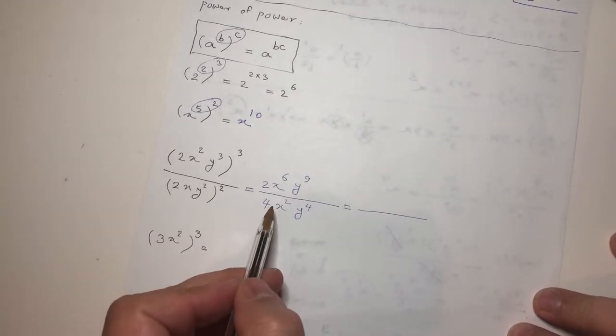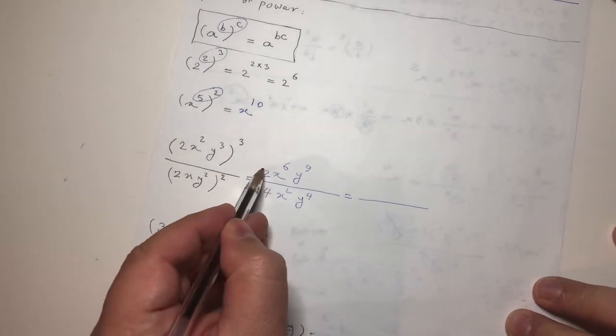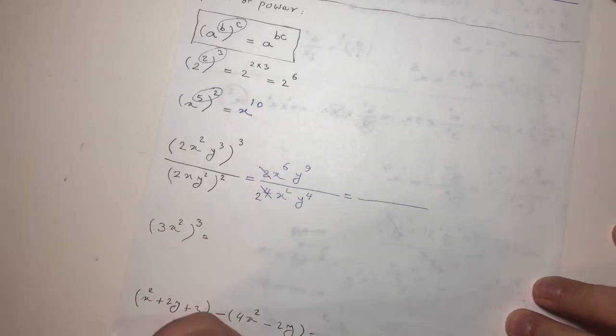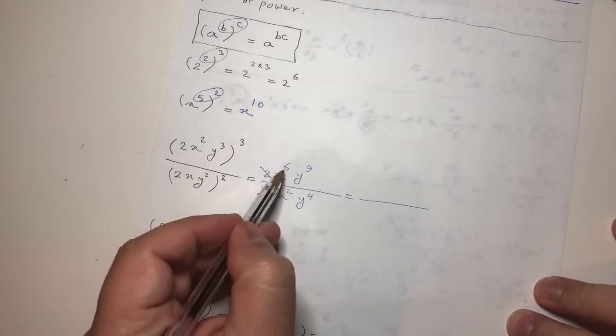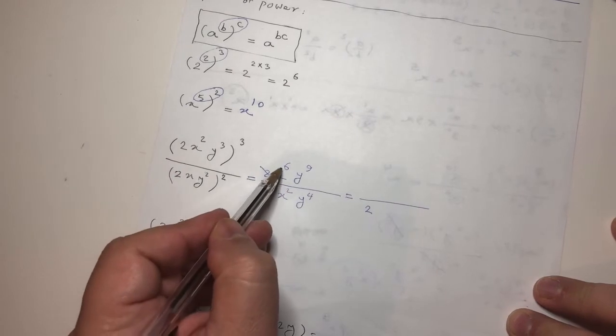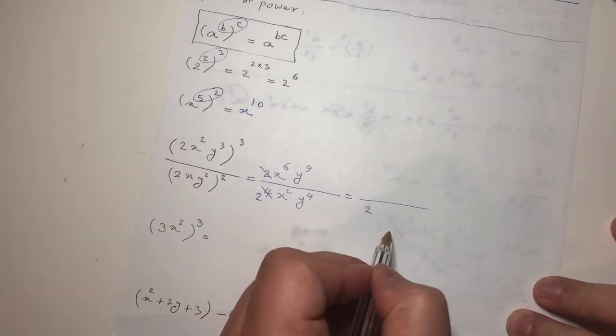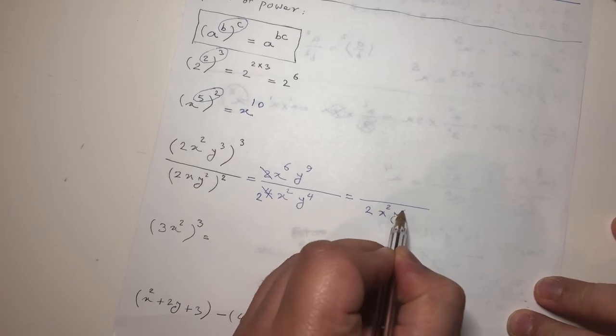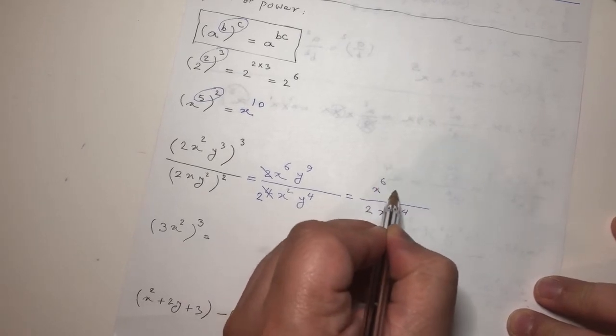So if we look here, you can simplify this 2 with this 4, and it becomes 2, right? So we have a 2 here. x to the power of 2, y4, x6, y9.